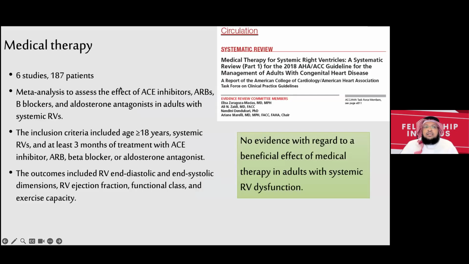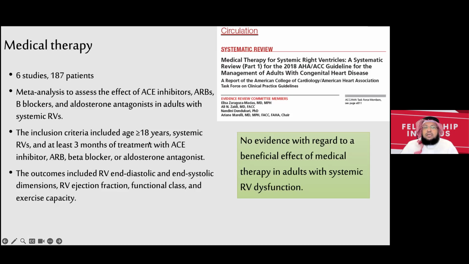Regarding medical therapy, this is a systematic review published with the AHA-ACC guidelines in 2018. They included six studies and more than 180 patients. The meta-analysis assessed ACE inhibitors, ARBs, beta blockers, and aldosterone antagonists in adults with systemic right ventricle.